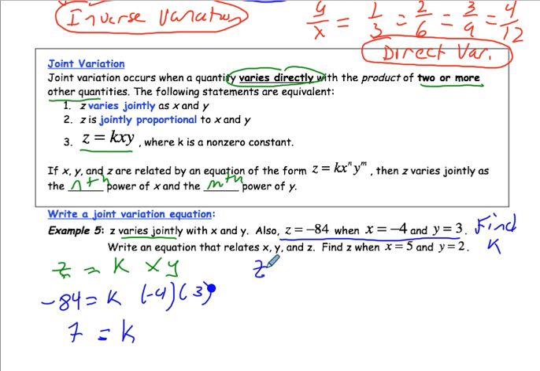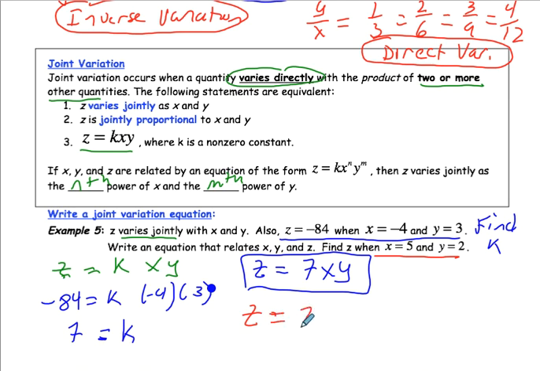So our model is z is equal to 7xy. That's our model. And then we're going to use our model to find z when x is 5 and y is 2. So using the model, z is equal to 7 times 5 times 2, which is 70. Okay, so using the model, we get z is equal to 70.